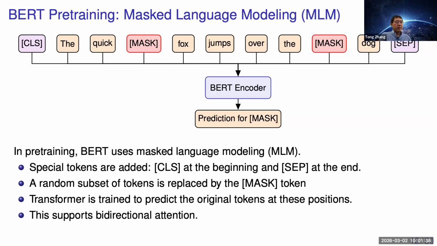This supports bidirectionality. Also, I'll quickly mention why this one is relevant for diffusion. Because of the masks, you can simultaneously predict all the masks. This is parallel decoding.